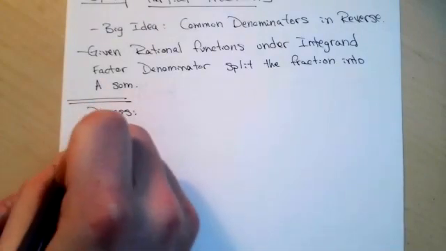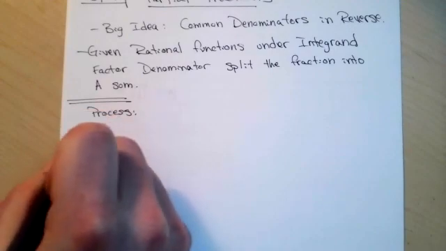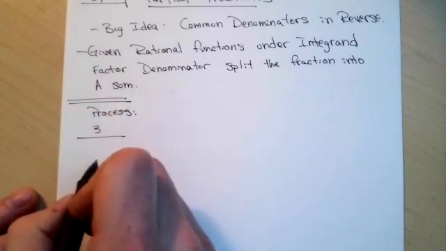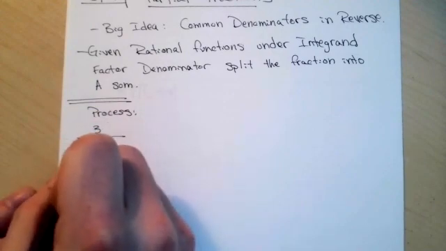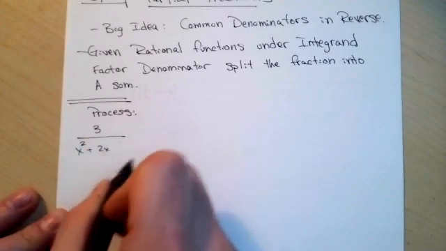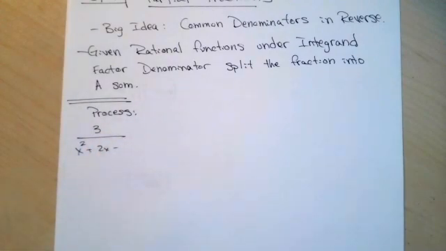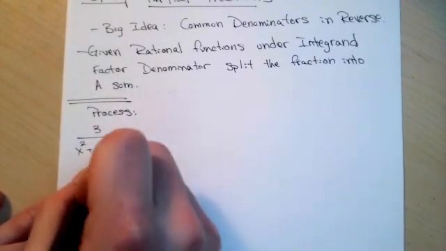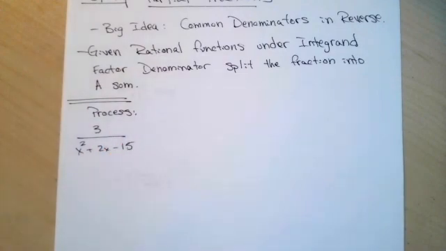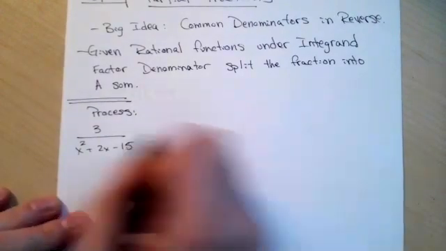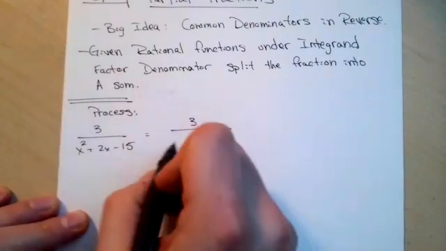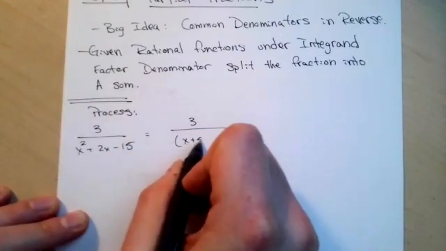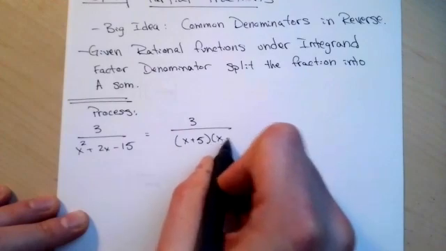Let's say we've got 3 divided by, let's pick something that factors nicely, x squared plus 2x minus 15. Our first step is to factor the denominator. So we've got x plus 5 and x minus 3.